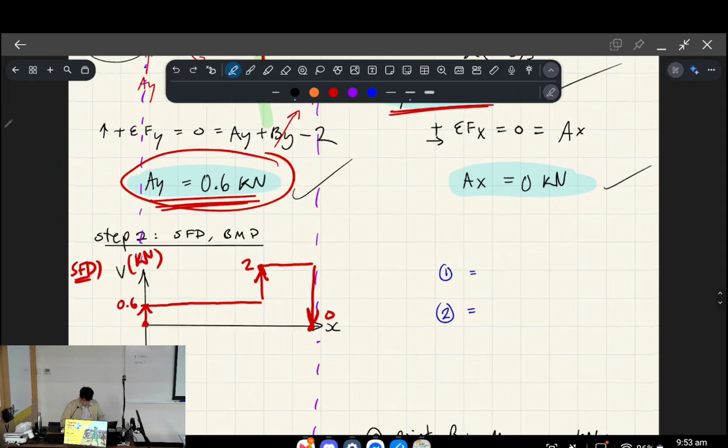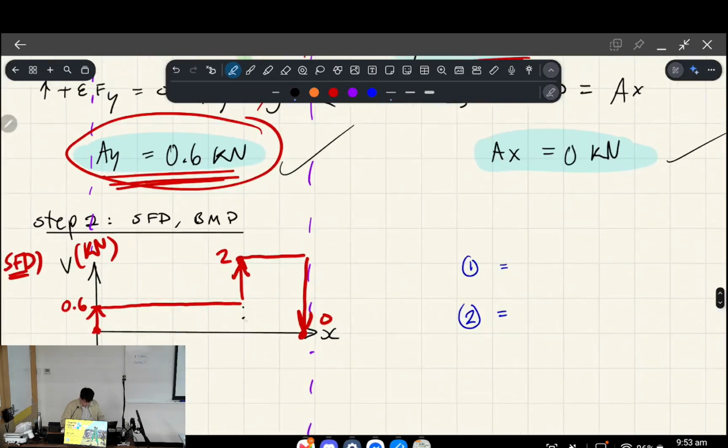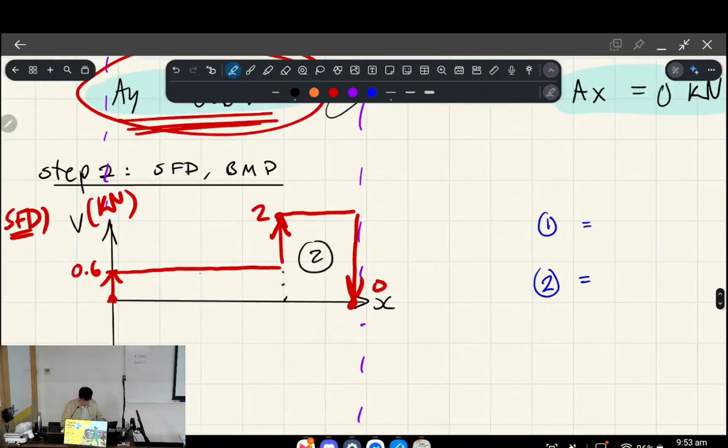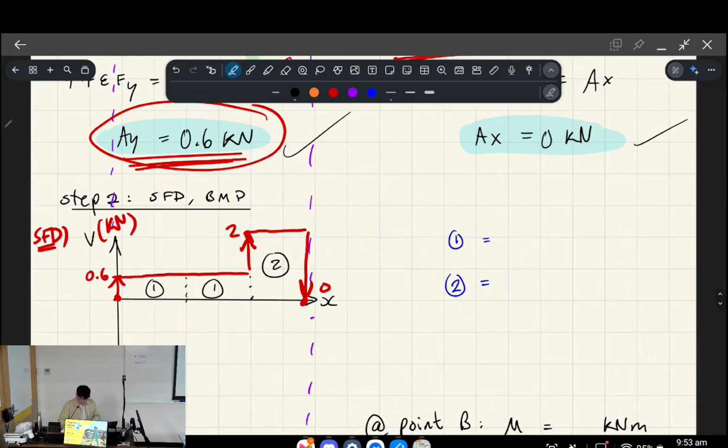The first thing is that we'll split this into shapes like so by height, but because we have a point moment here and we know that something happens with the moment equilibrium at that point, we're actually going to further subdivide this shape on the left-hand side into 2 smaller rectangles, like so. I'll explain the purpose of this as we do the moment diagram.